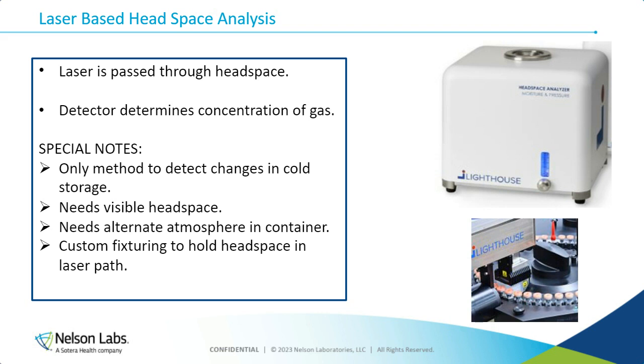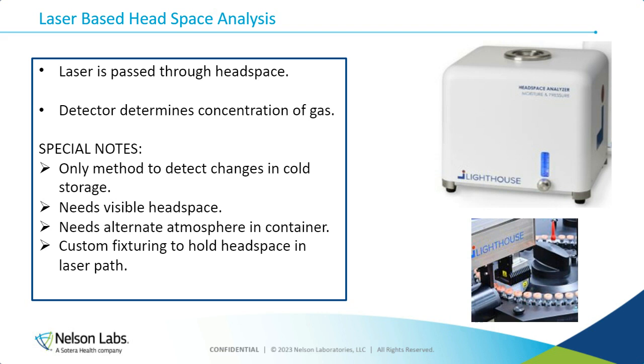One really great caveat for this method is that it can detect changes in cold storage. When a vial goes into ultra cold storage, like -80, you're going to get some shrinkage in the rubber stopper, and that could allow for some leakage to take place during storage.